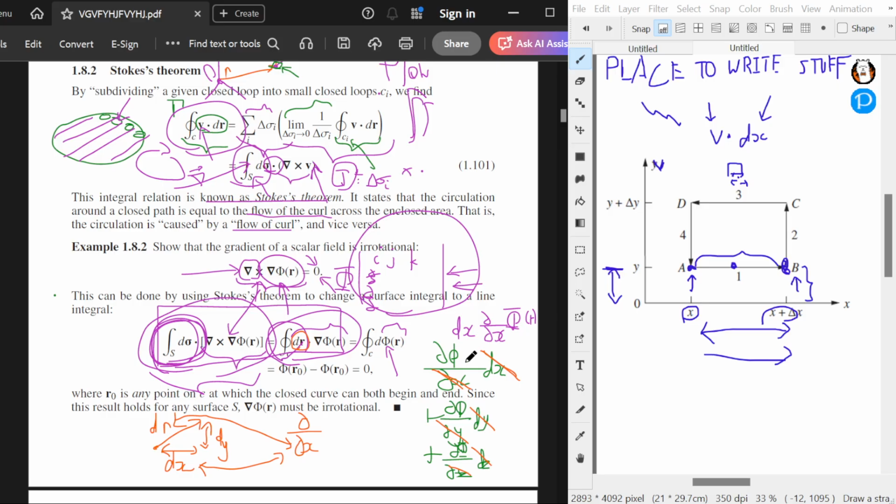So we're just left with integration on a closed curve of del phi. Hmm.